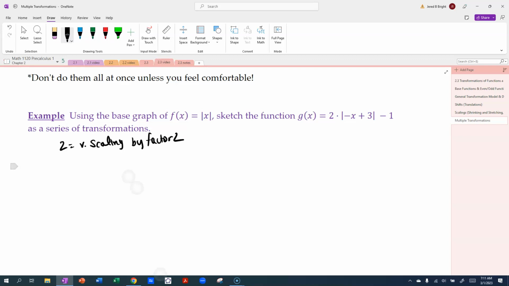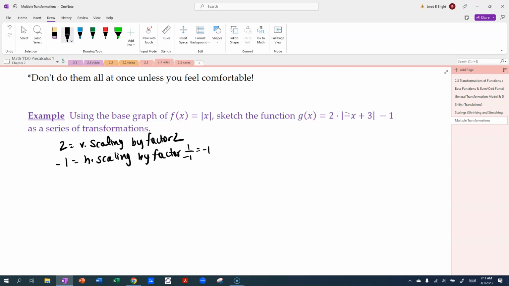And then the negative here is actually -1, and this would be a horizontal scaling by factor 1 over -1, which is just -1. This would be a horizontal reflection. Yes, I get it, but I'm going to use scaling only.